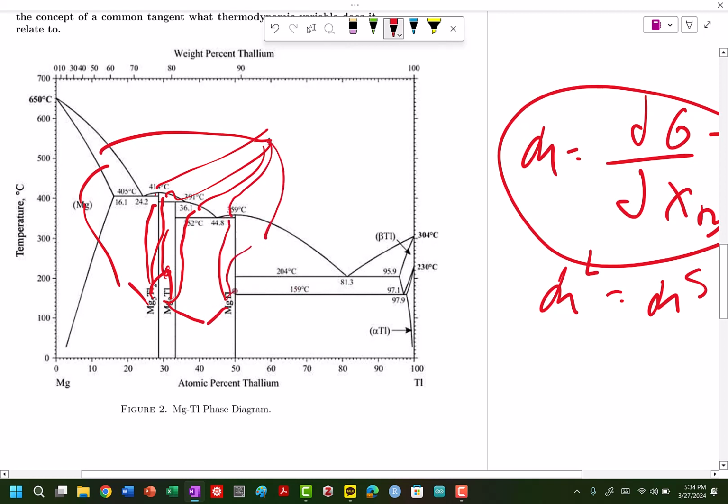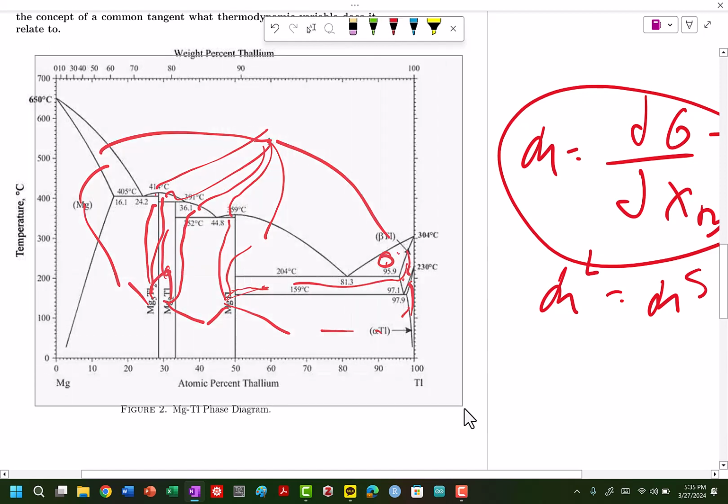Here, it's going to be this phase plus beta. This is going to be beta plus liquid in here. This is a tiny two-phase region, because this is going to be beta plus liquid. This is pure beta. That will be beta plus this. This will be alpha plus this guy. And then this little two-phase region is going to be beta plus alpha in here. That's a tricky one. But that's our phases.